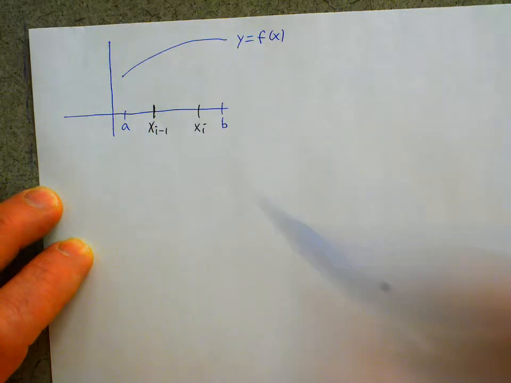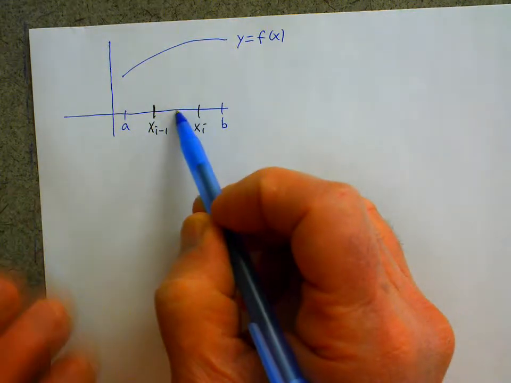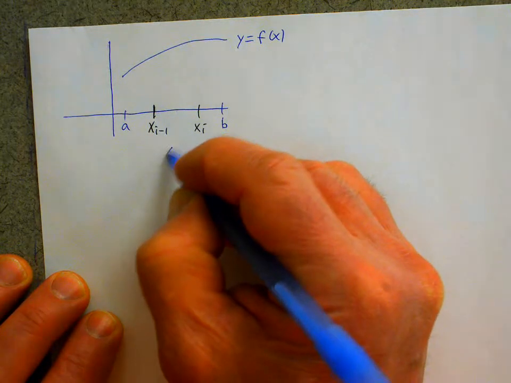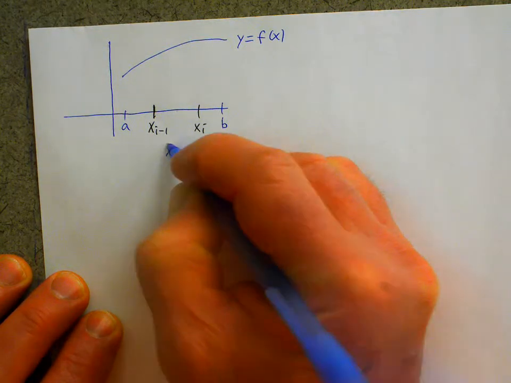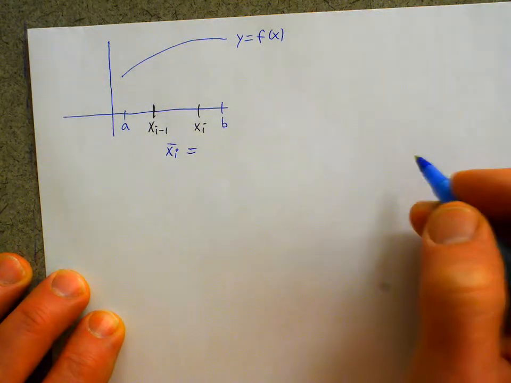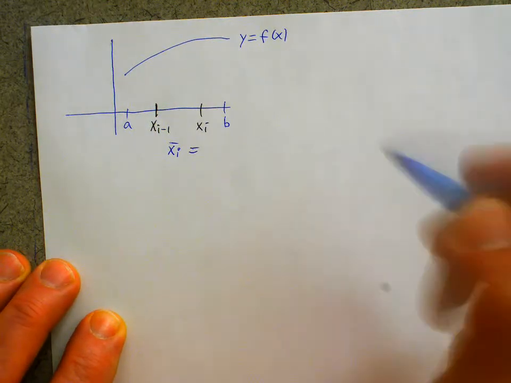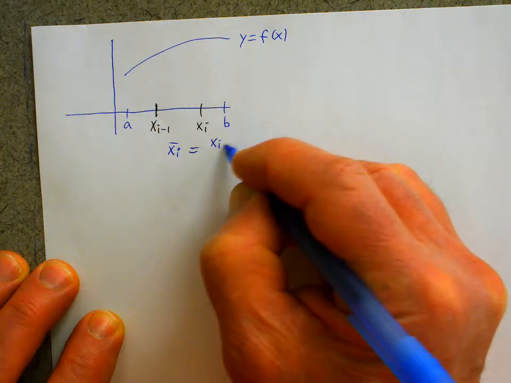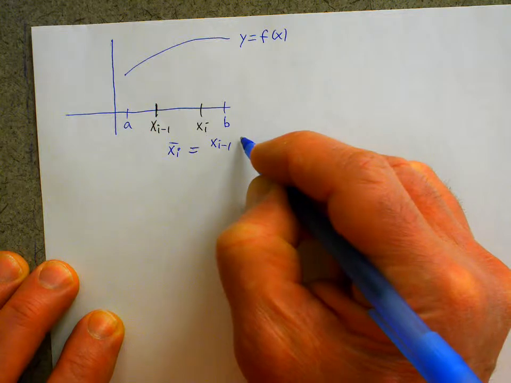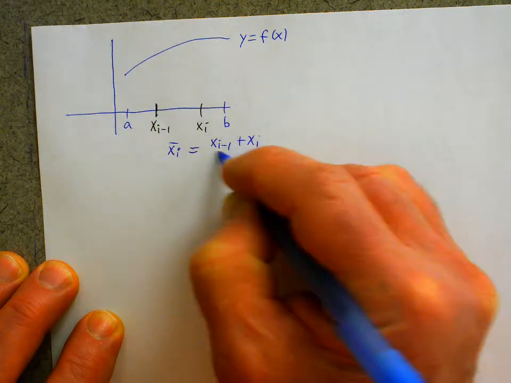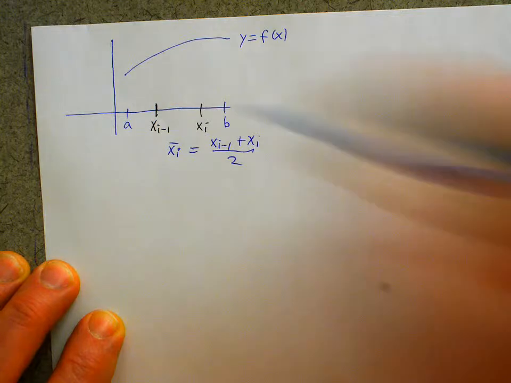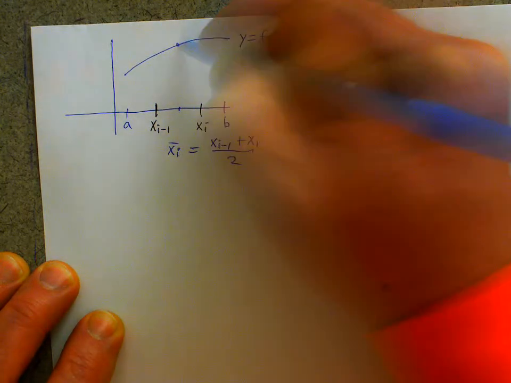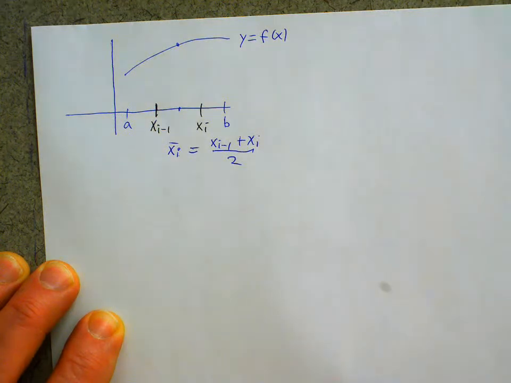We use the midpoint of that subinterval, which is x sub i bar, the conventional notation for the average value of the endpoints, x sub i minus 1 plus x sub i divided by 2. We use that to determine the height of the approximating rectangle.